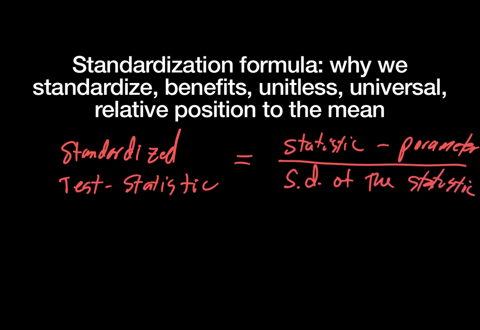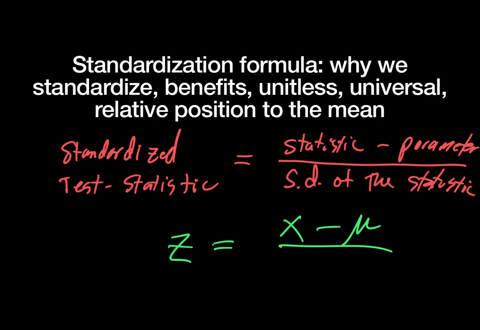Why so many words? Because we're going to use this for a lot of different tests we're going to run. Like I've already mentioned, the z-test, the t-test, the chi-squared test, the f-test, an ANOVA test. They all have different tests, but how they go about it is basically the same way. So for right now, we're with z. It'll be my statistic, which is x, the data point that I'm coming from, minus the parameter.